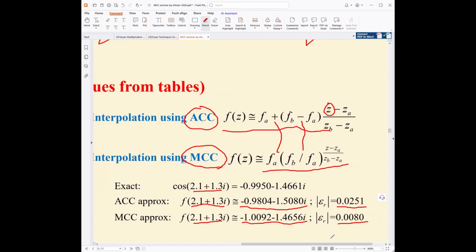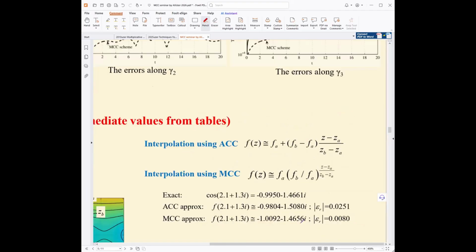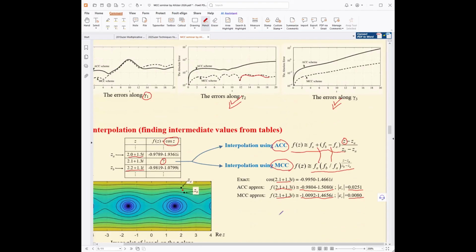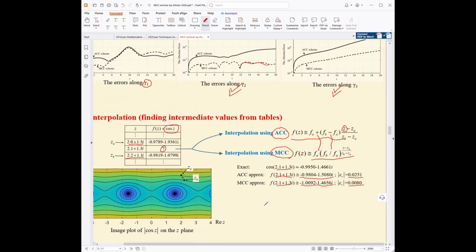So this example shows that the accuracy of the multiplicative calculus when making interpolation is much better than that of additive calculus. But it's possible to find a counterexample. When working with a different function, it's possible to see a different situation.